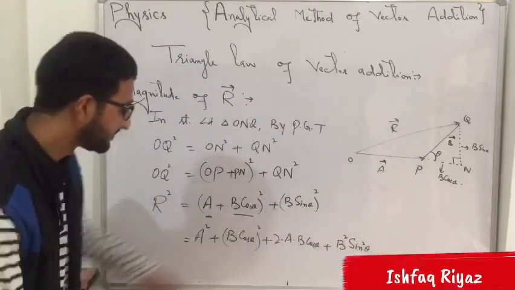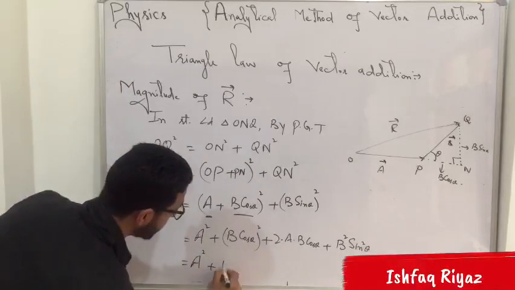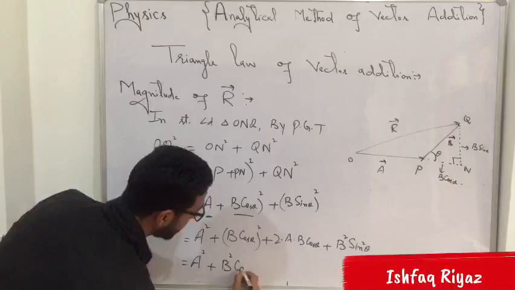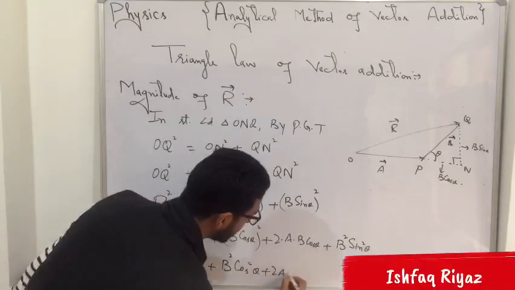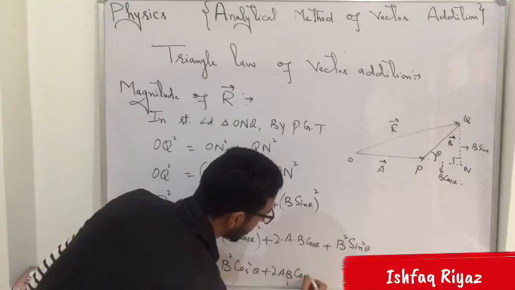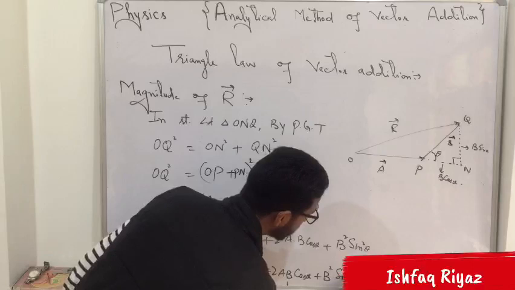Right? Okay. Now see. This is A square. शाबाश. This is B square cos square theta. ठीक है ना? Plus this is 2AB cos theta. Right? Plus it is B square sin square theta.